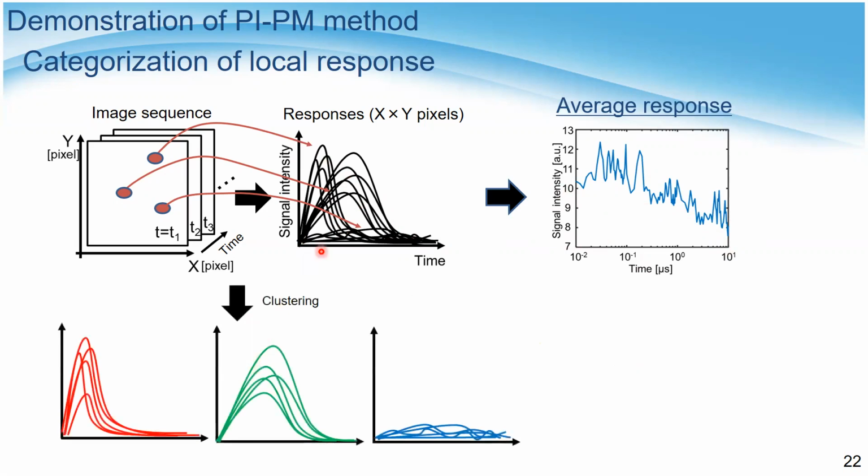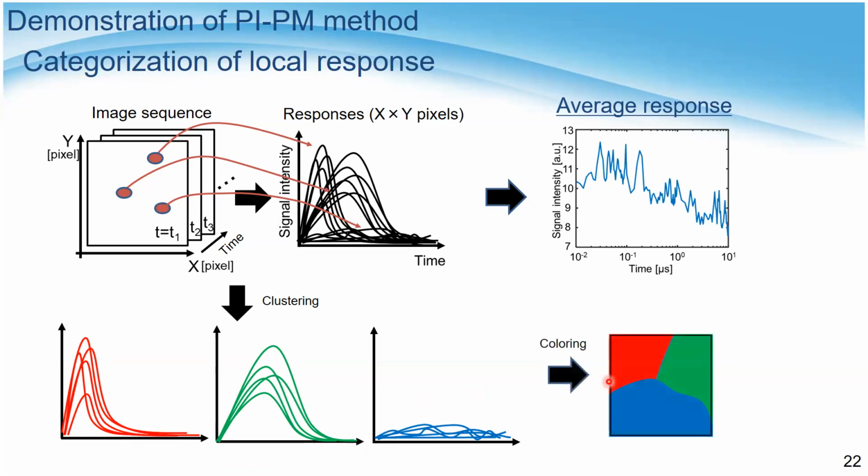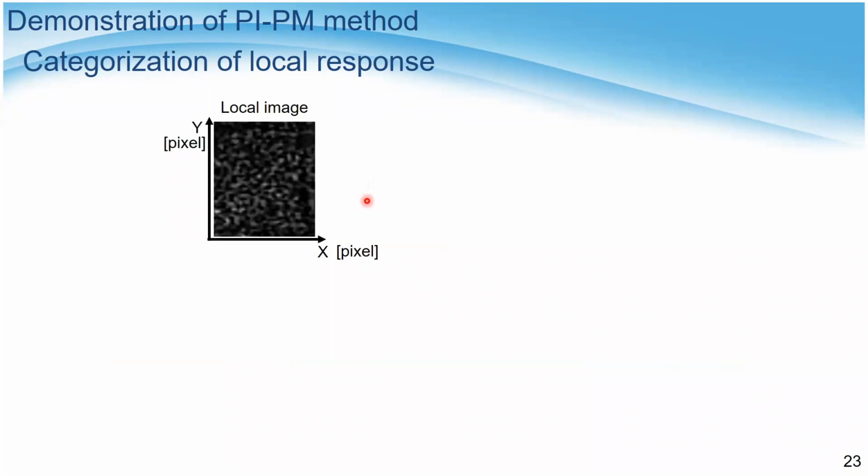However, we directly use a clustering method to separate the clusters of the responses. Then, depending on the clustering, we made a color map to distinguish which type of charge carriers are excited in each region. Here is one example on a TiO2 nanoparticulate film with 200 times 150 pixels.